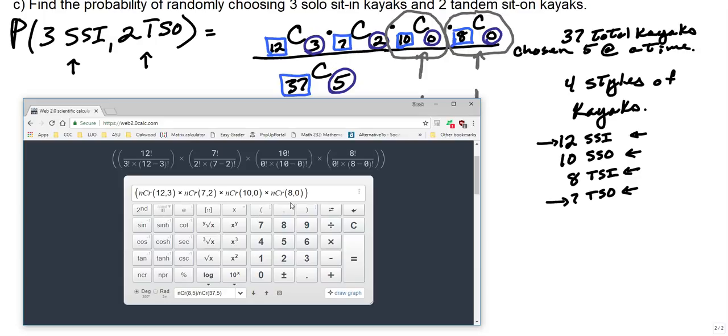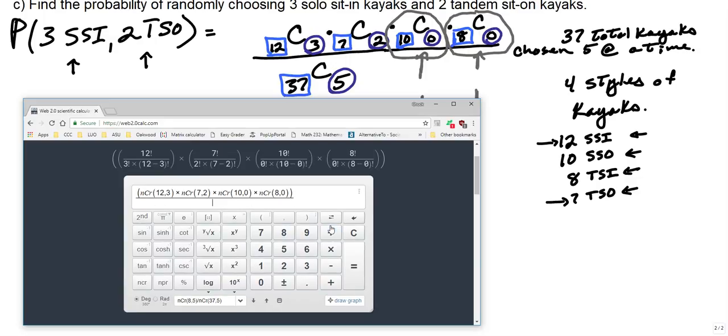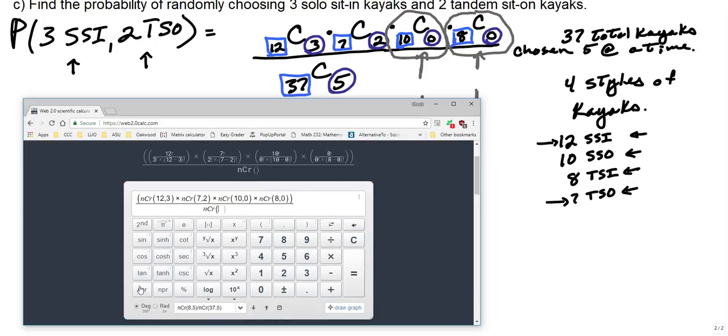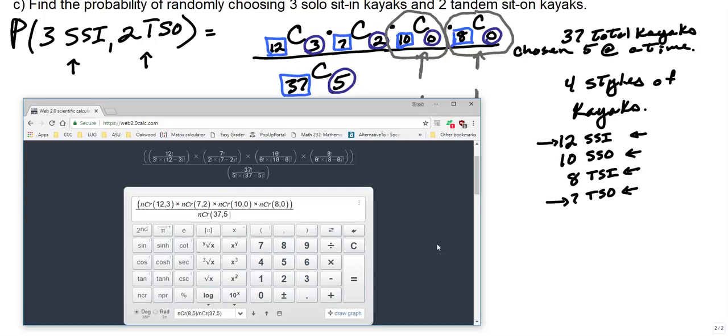That way I have my numerator, and then I'm going to divide by my denominator, and that's going to be 37. Oops. Sorry, we have to choose the nCr first. 37 comma 5. Close the parentheses and hit equals.